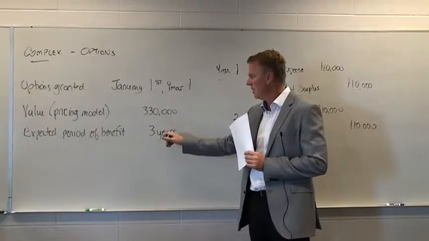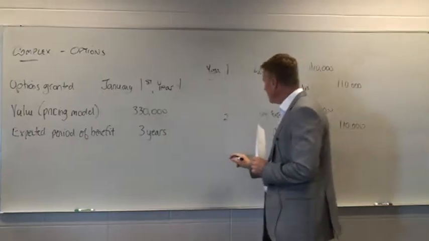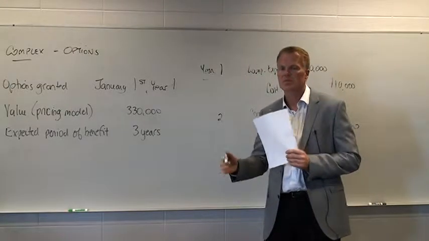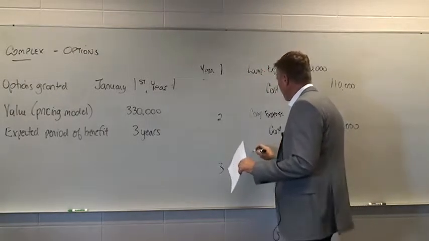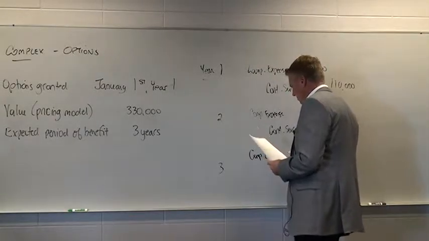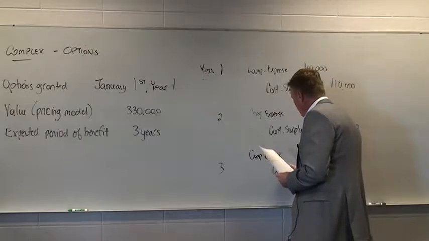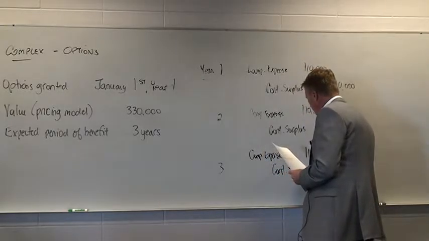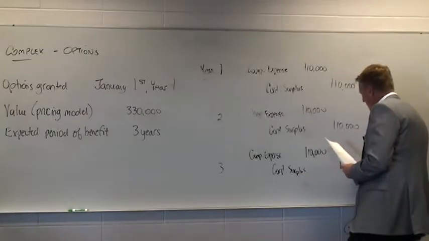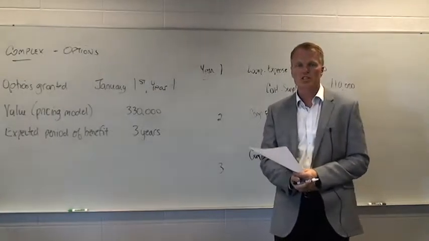Our period of benefit is 3 years. We've got one more year to do. So what's going to be our entry for year three? The exact same. Compensation expense, $110,000. Contributed surplus, $110,000.